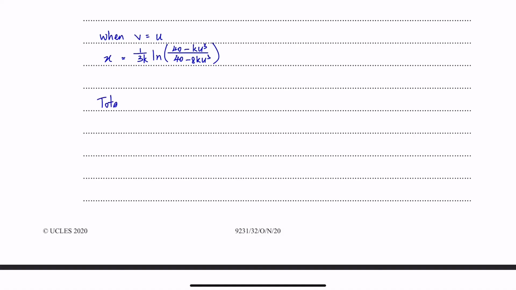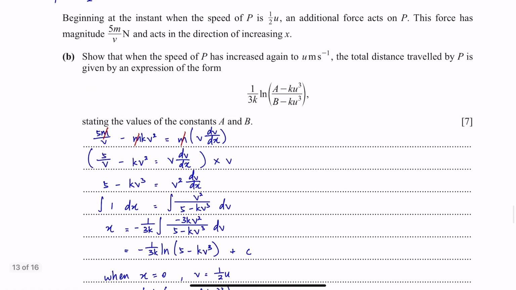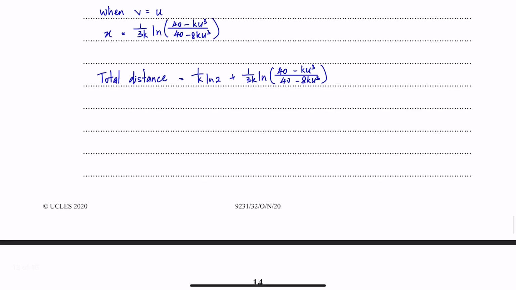So the total distance is 1 over k ln 2 plus 1 over 3k ln of 40 minus ku cubed over 40 minus 8 ku cubed. And the question wants a single term, so we need to find ways to combine it.